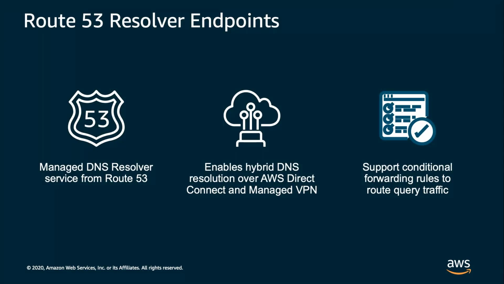This is primarily accomplished through Route 53 resolver endpoints. They're a fully managed AWS service for DNS resolution. We enable hybrid DNS resolution over Direct Connect and managed VPN. We can also support conditional forwarding rules, so we can route the query traffic where it needs to go.